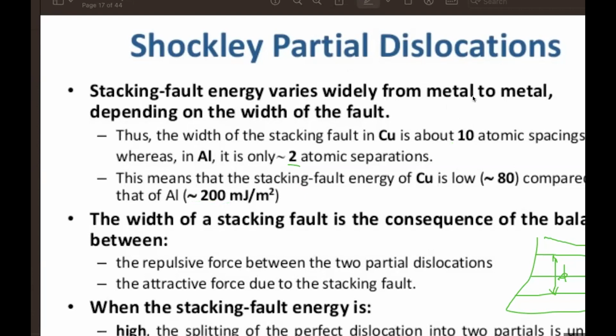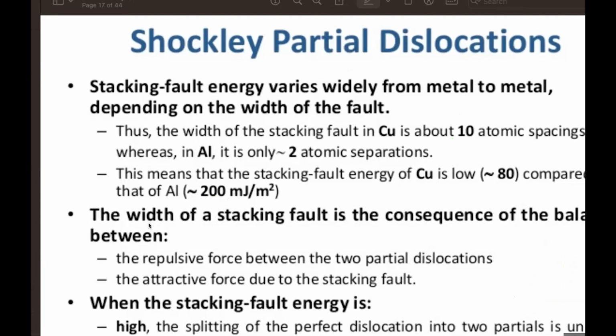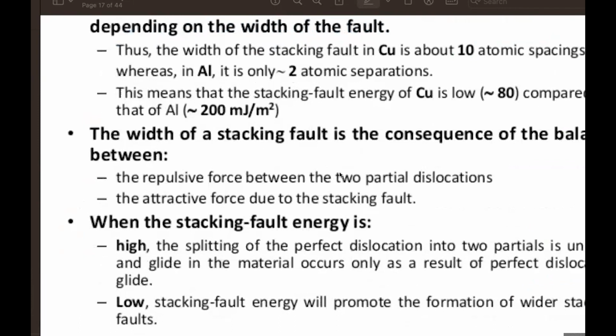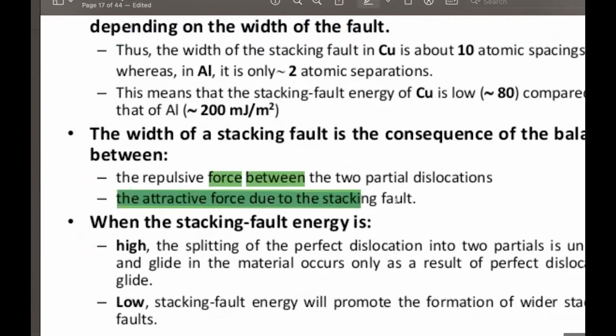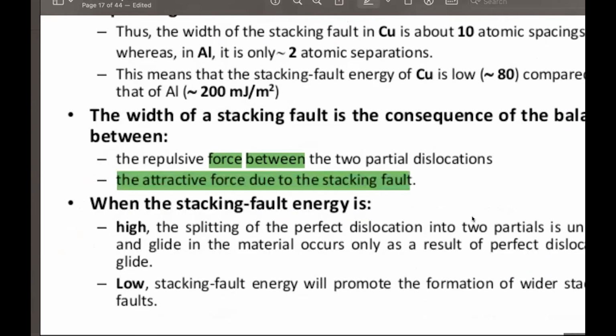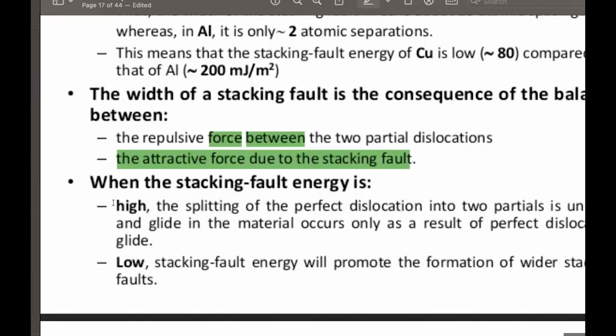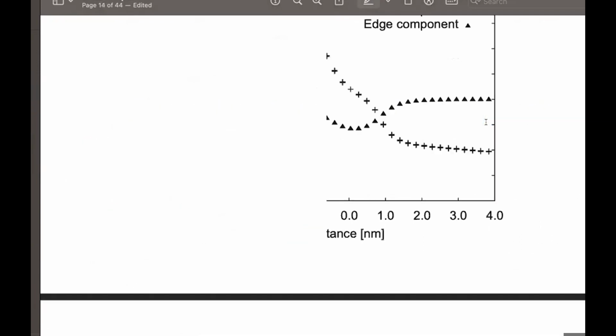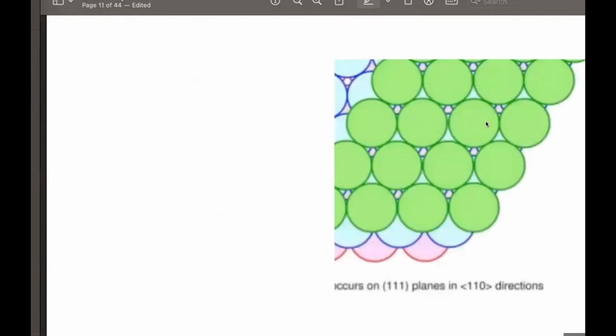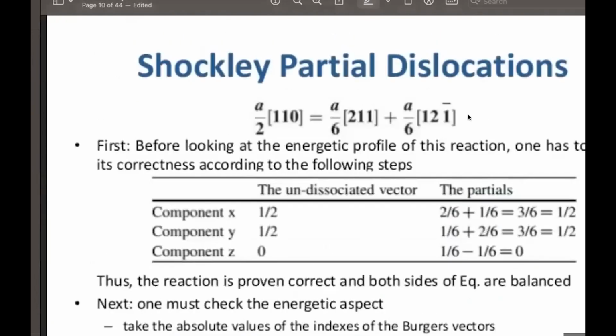Let's clear all drawings. So the width of the stacking fault is the consequence of the balance between the repulsive force between two partial dislocations and the attractive force due to the stacking fault. Here, we just add stacking fault energy to this reaction.